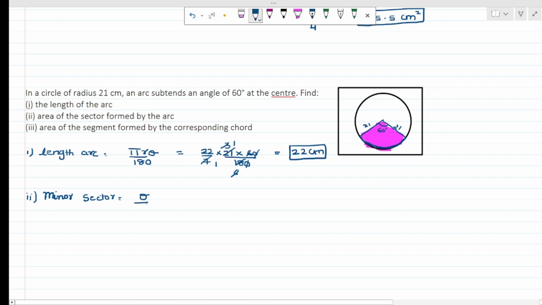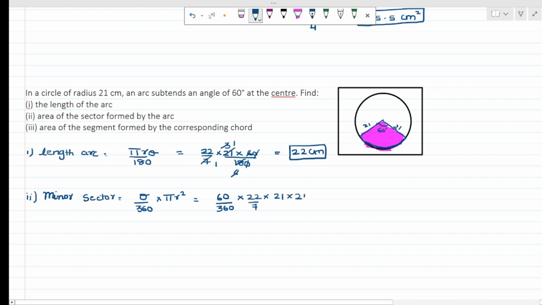Write down the formula theta upon 360 multiplied by pi r square. That means what is my pi? Pi is 22 by 7. What is your theta? So theta is 60 degrees. So write down 60 upon 360 multiplied by, what is my pi? Pi will be 22 upon 7. What is my r? My r is 21.